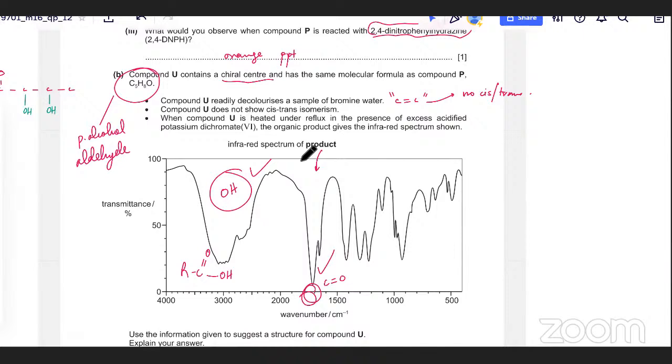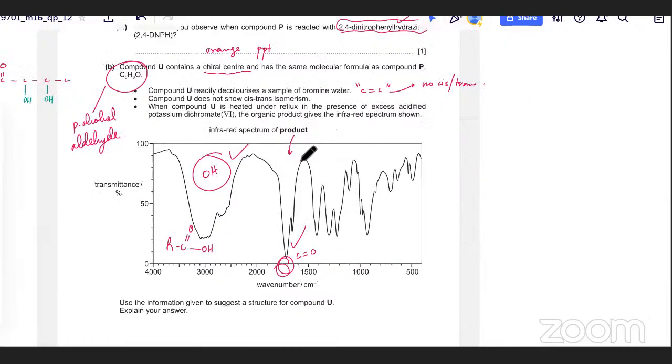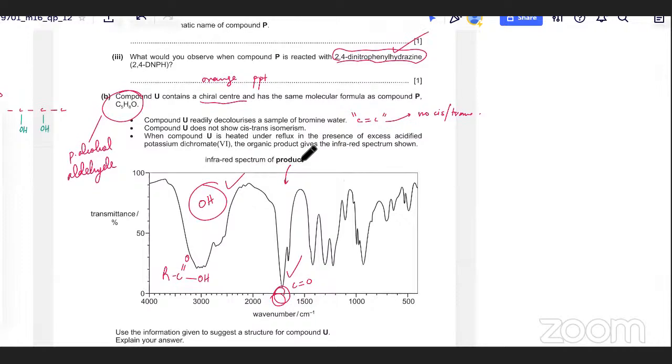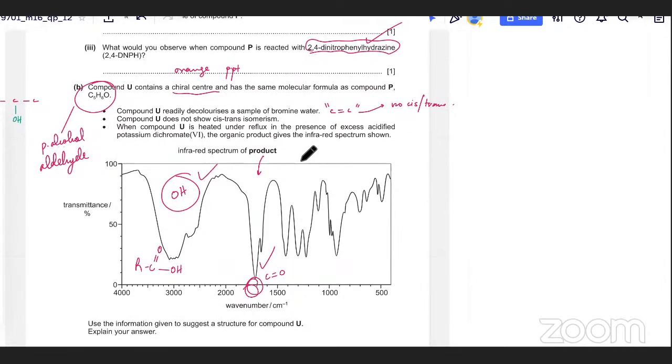So now we can start. Based on this, you have to draw the molecule. That would require a lot of trial and error. First thing, five carbon atoms. You have to make it chiral somehow, and I need to put a double bond in there somewhere as well. The double bond should not show cis-trans isomerism. So how do I make any carbon atom chiral?